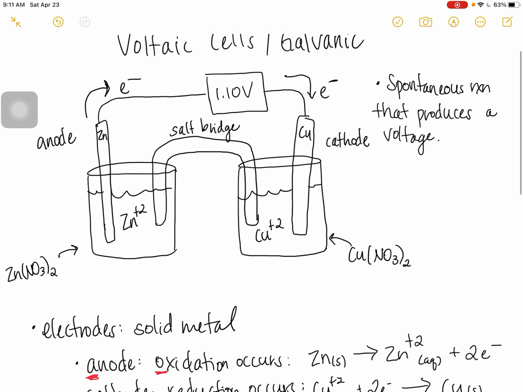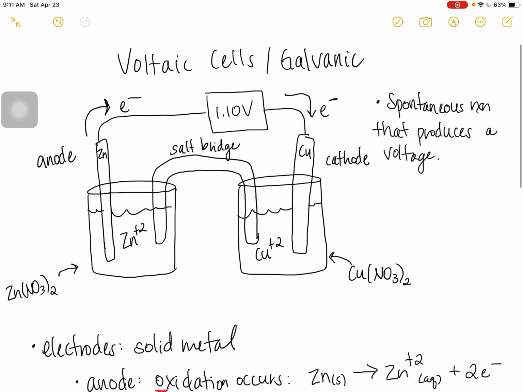So let's talk about this idea to maintain neutrality in these two solutions, because this is super important. All right, so if we go back up to my cell, I know that at the anode, oxidation is occurring. And here's your reaction: the solid zinc is creating the zinc ion. So as this reaction proceeds, the zinc electrode is creating zinc +2.